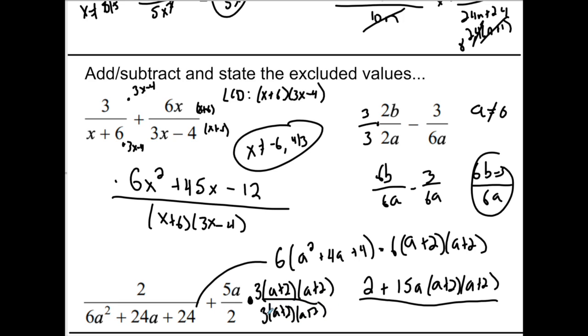Once you do this, this will become 6 of them, and they'll be the same: 6, a plus 2, a plus 2. Something to that effect. And then you get a cannot be equal to -2.